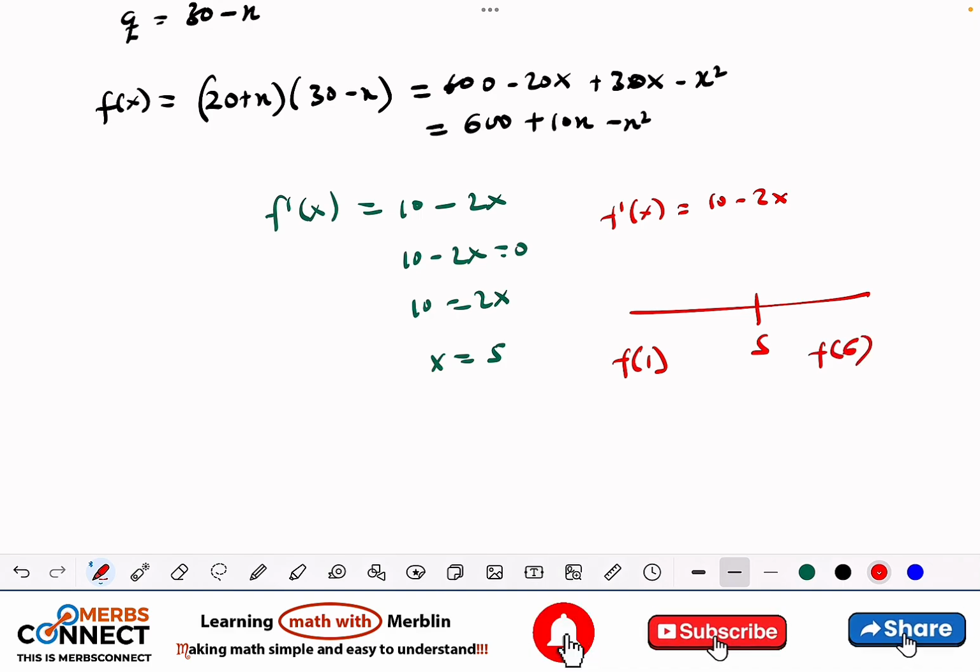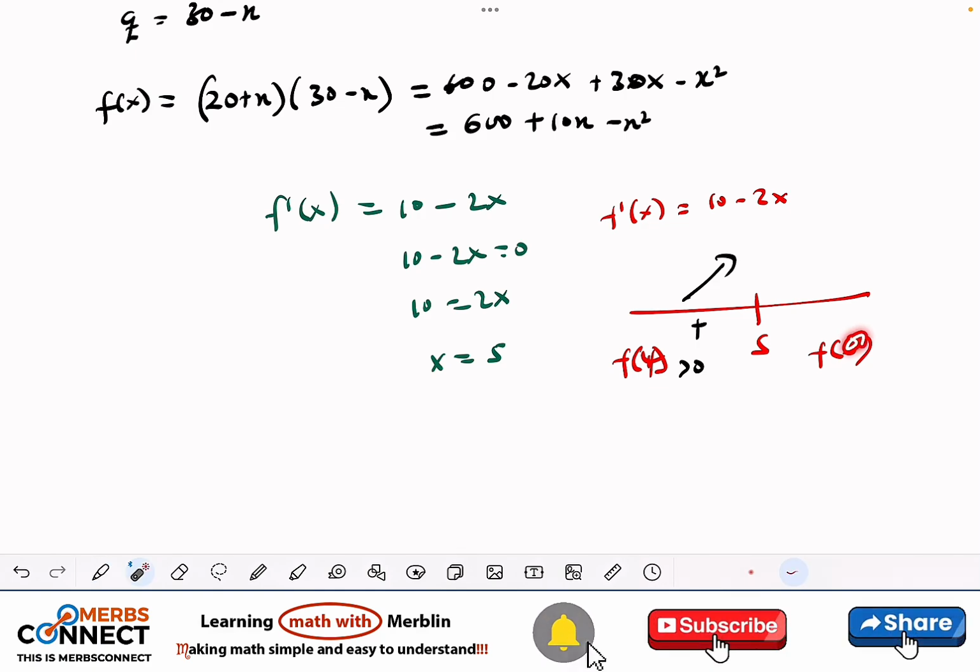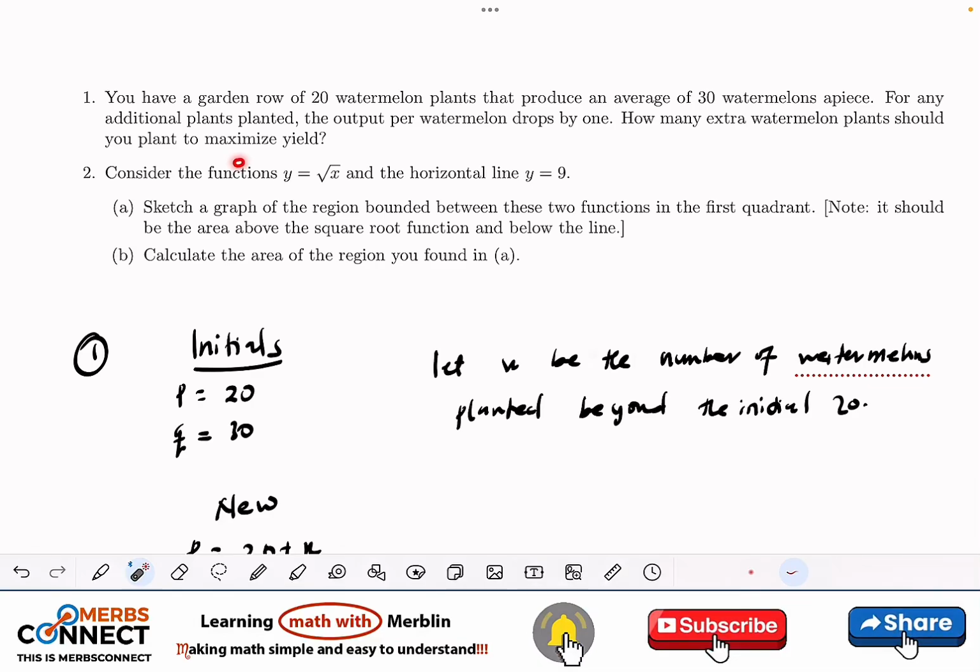Plug in 4 here, you see that 10 minus 8 is positive, so this is plus, and the function is moving up. Plug in 6 and you get 10 minus 12, which is less than 0, negative, and the function will be decreasing. So we can see that the function is concave down, which gives us a maximum. So at x equal to 5, it's actually going to maximize the function.